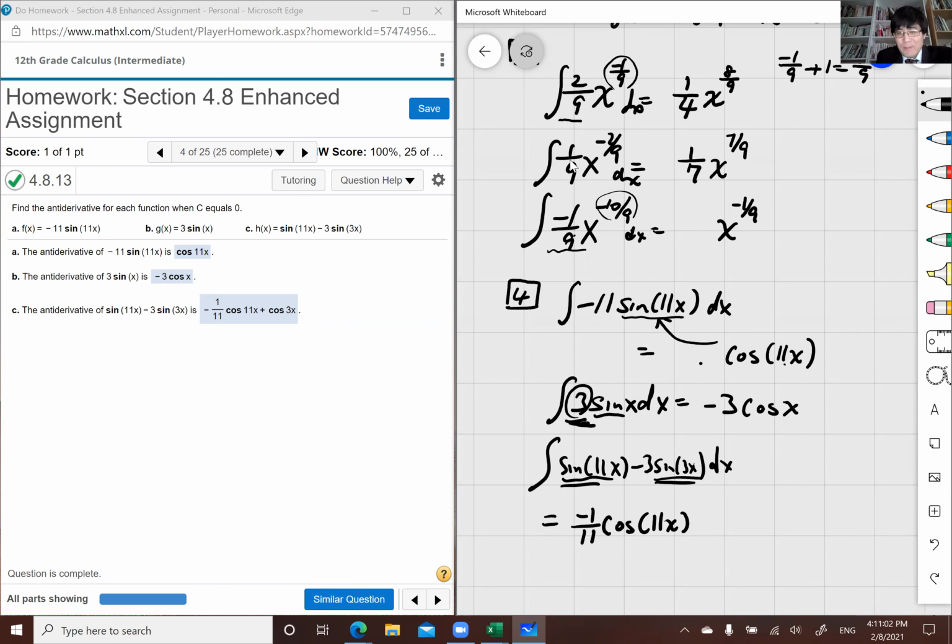Same thing here. The antiderivative of sine 3x should be something like cosine 3x. But when you differentiate this, you're going to get negative 3 out. So you should just have plus here because the number is already there. Okay, and plus c, but the c is 0 in this problem.